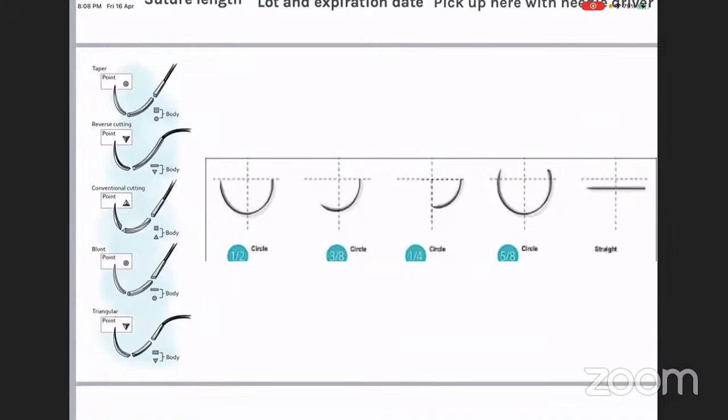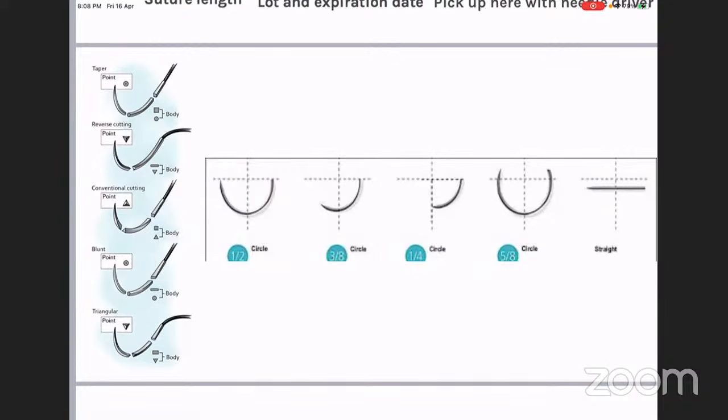Whereas if the sharp edge of the triangle comes towards the concave side of the needle, it is called a conventional cutting needle. Then you also have a blunt or round bodied needle, and then you have a triangular, or a pointed needle. So all these are different configurations of needles.